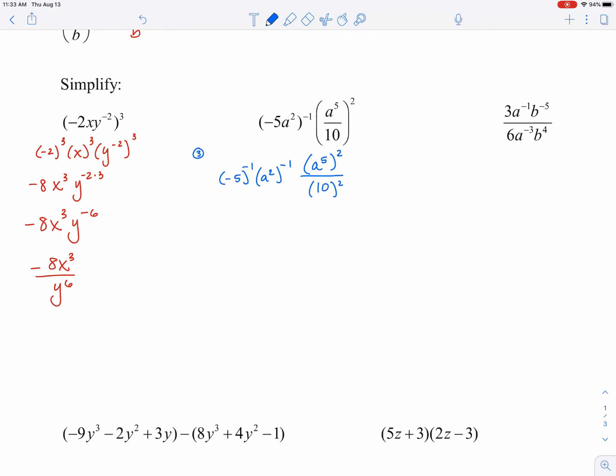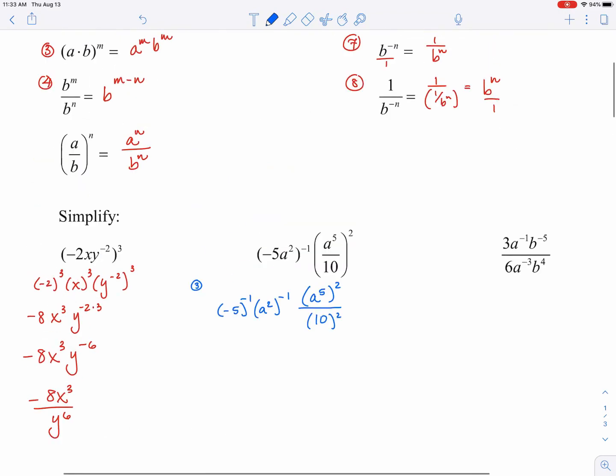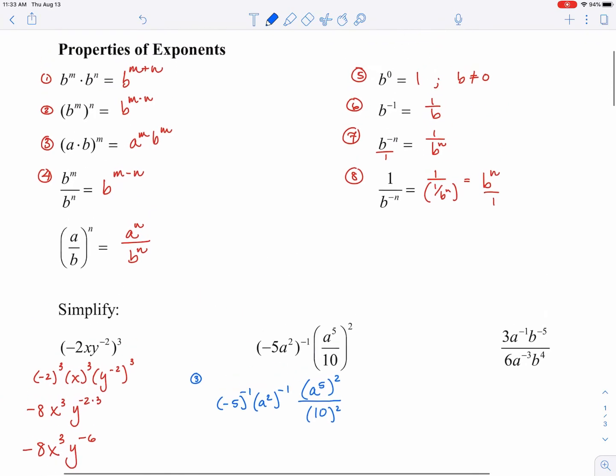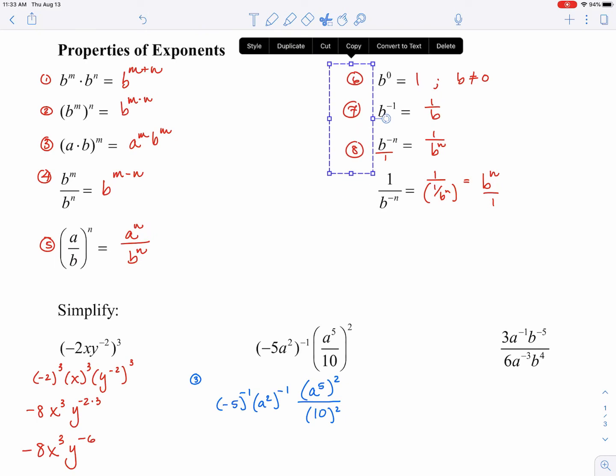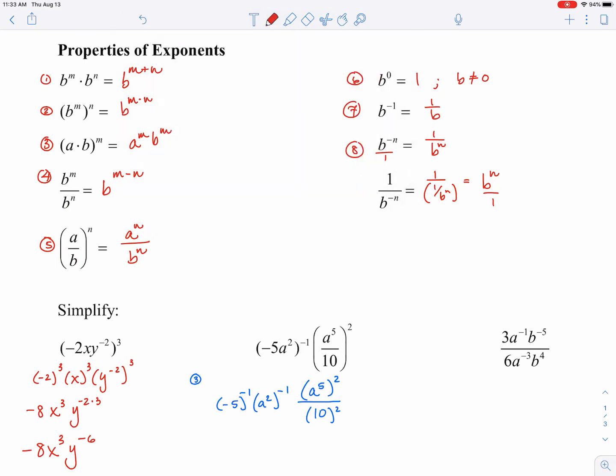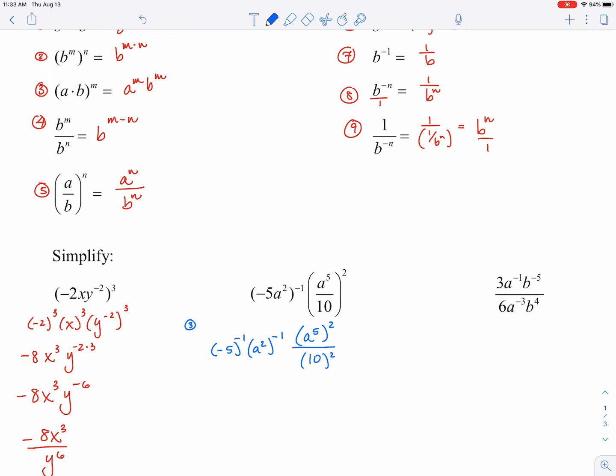I'm using rule number 3 and rule number, whoops, looks like I misnumbered those. This is rule 5 here, 6, 7, 8, and I guess rule 9. I'm off to an awesome start here. Anyhow, there I used rule number 5 as well.